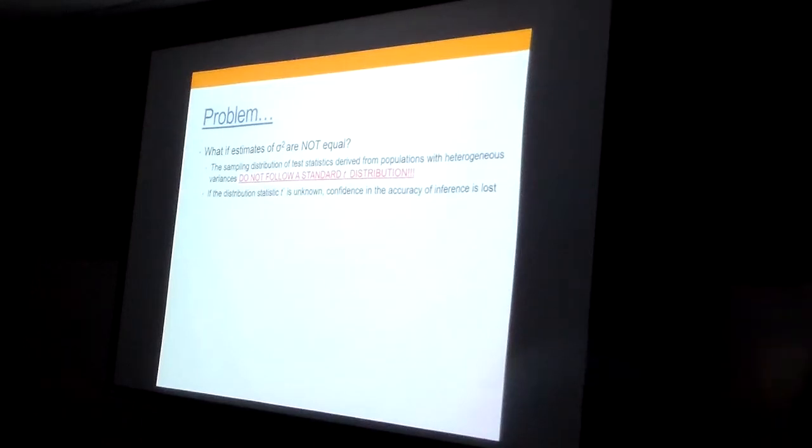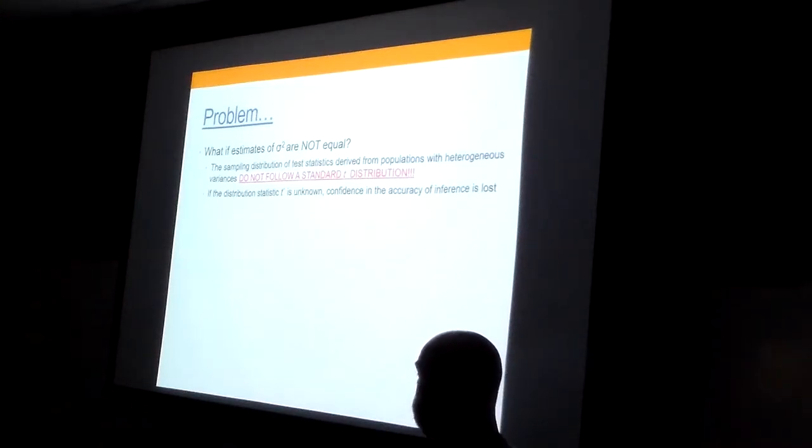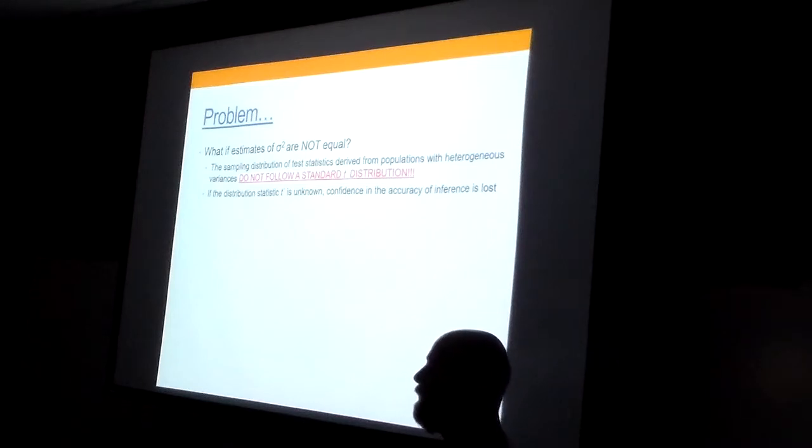So, have another problem here, right? What happens though if our estimates of our population variance are not equal? Assumption is that our population variances are equal, right? But what if they're not? What if, based on our sample, we have evidence that probably the variance of population 1 is substantial?